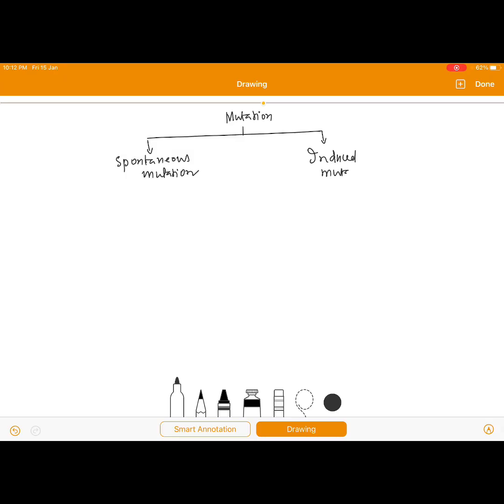If you consider induced mutation, it is actually caused by some mutagenic agents or mutagens.